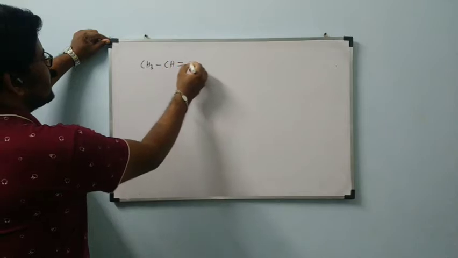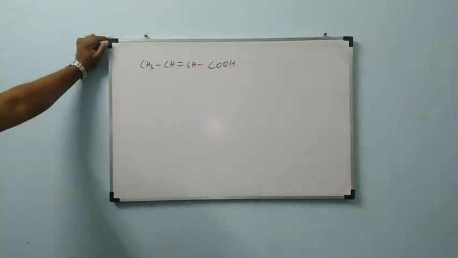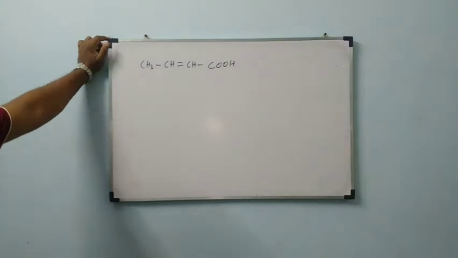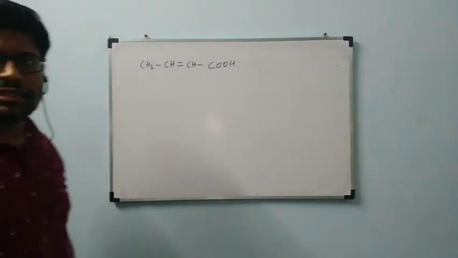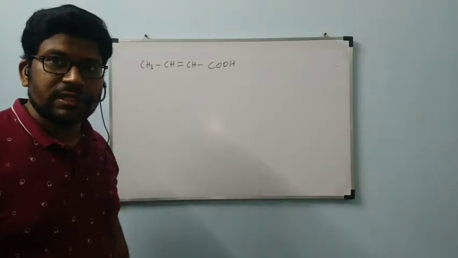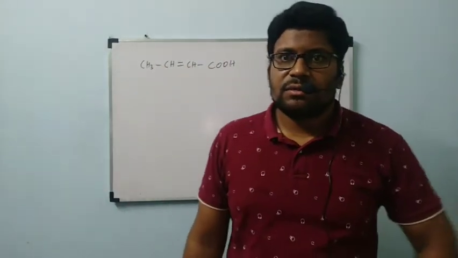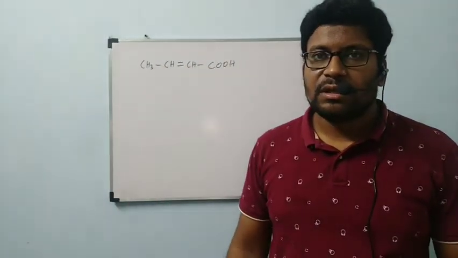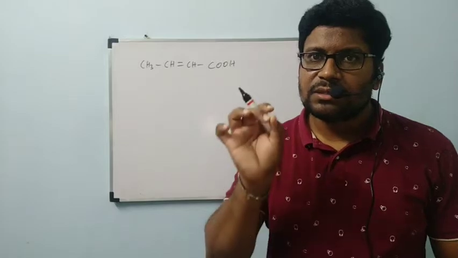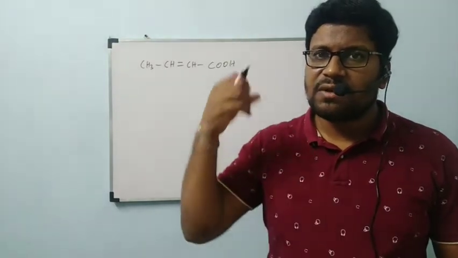CH3CH double bond CHCOOH. In this compound we have the functional group COOH as well as a double bond. When we have a functional group COOH and a double bond, remember the functional group is the highest priority, whether it is alcohol, acid, whatever it is.